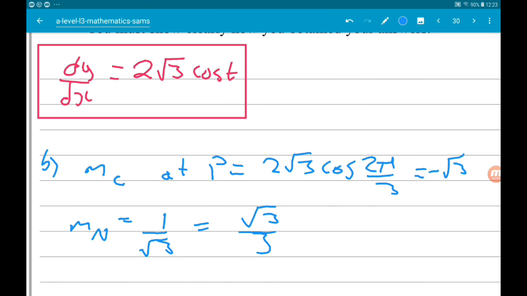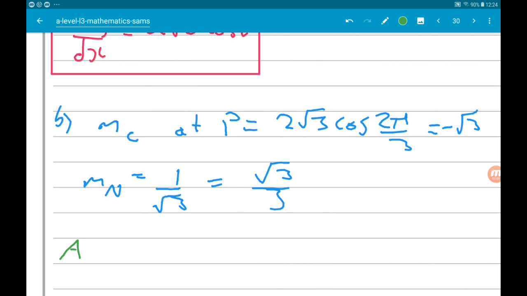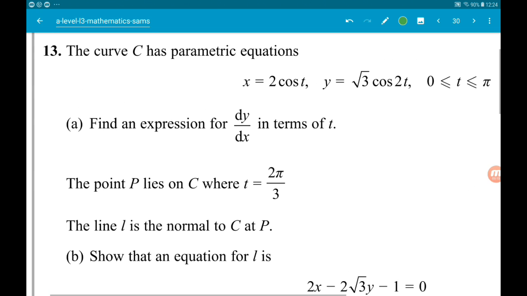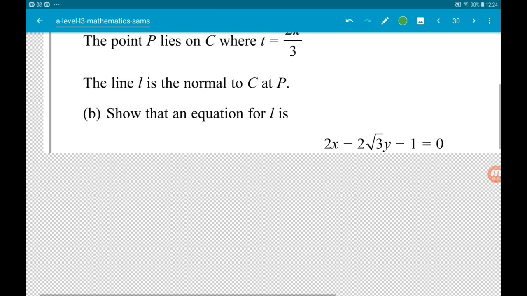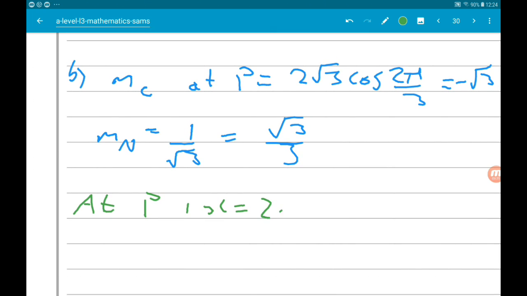So at P, x is equal to 2 cos of 2 pi over 3. Now that just gives us minus 1, so that's nice.